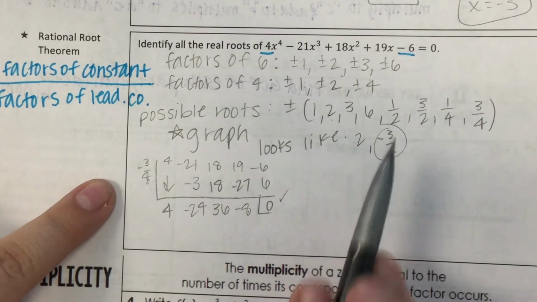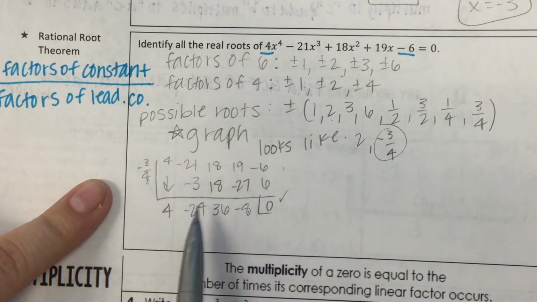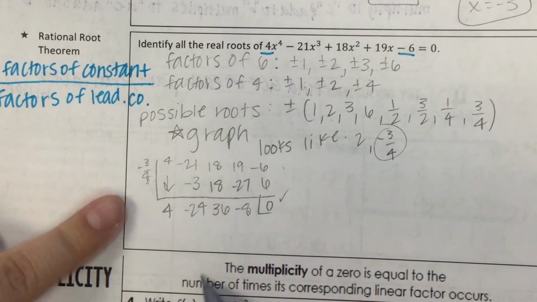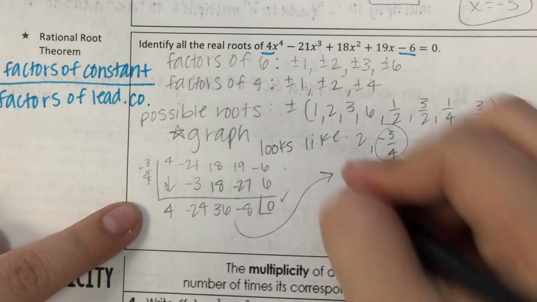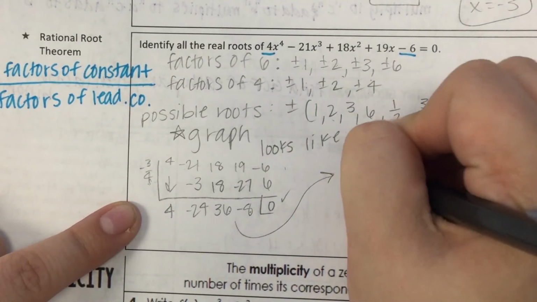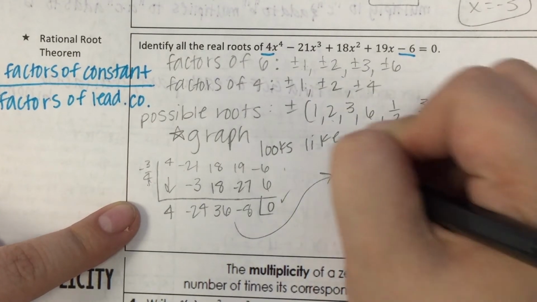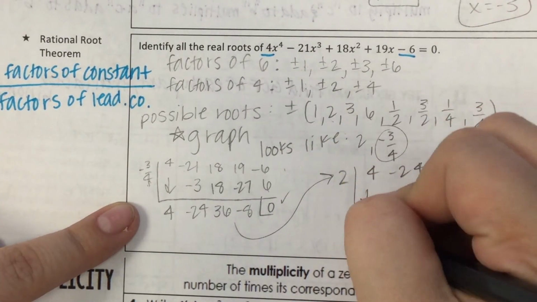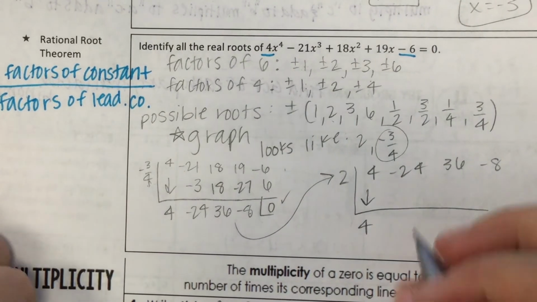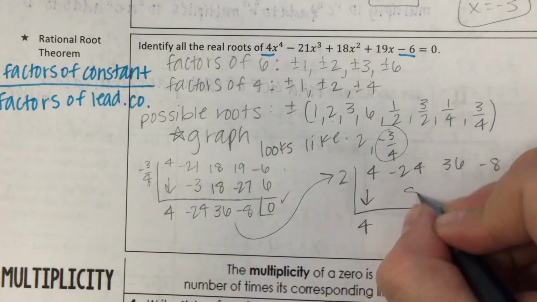Okay, now to use 2. We're not going to do this same thing over again. We're just going to use this guy here. We're going to check 2 using our leftovers. So 4, negative 24, 36, negative 8. We're going to check 2. We're just going to do the same thing. 4 times 2 is 8.